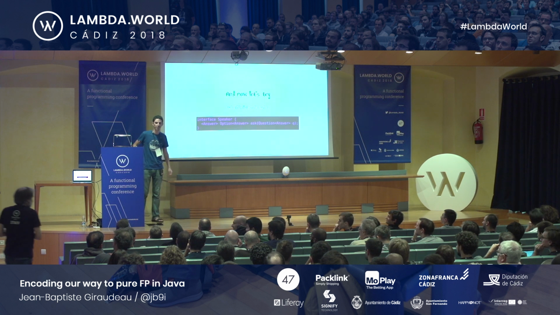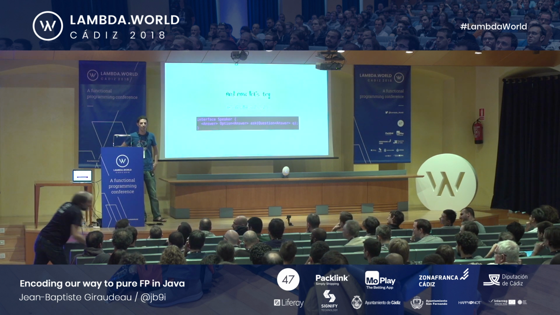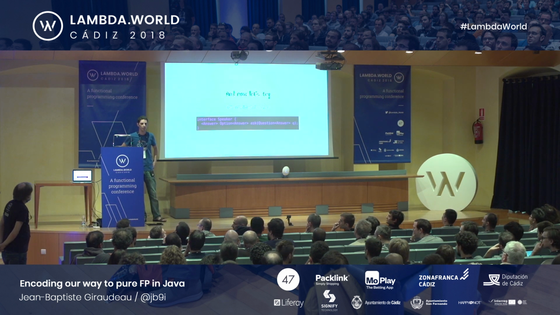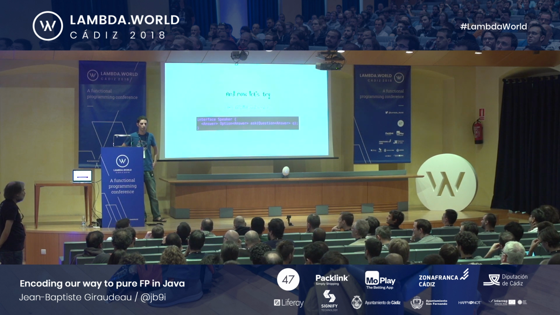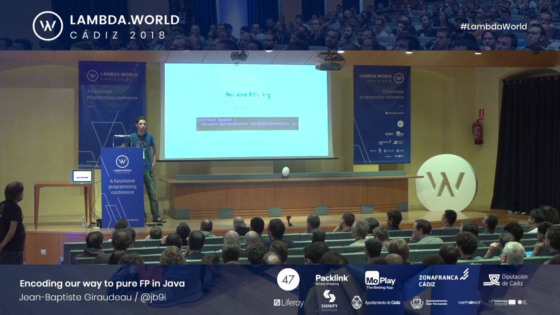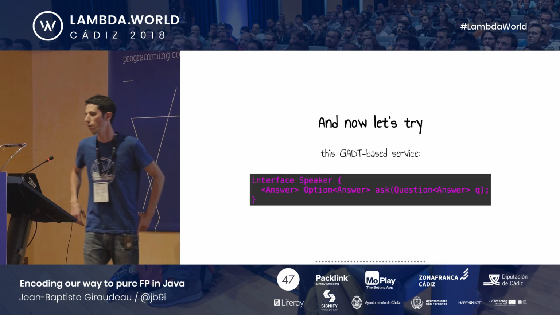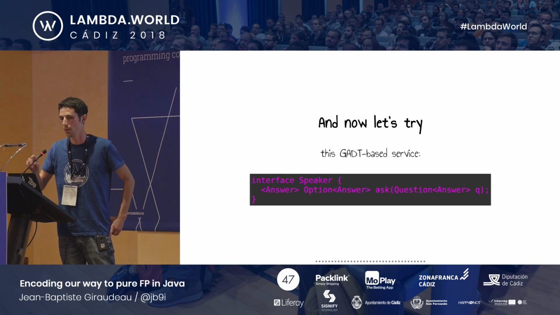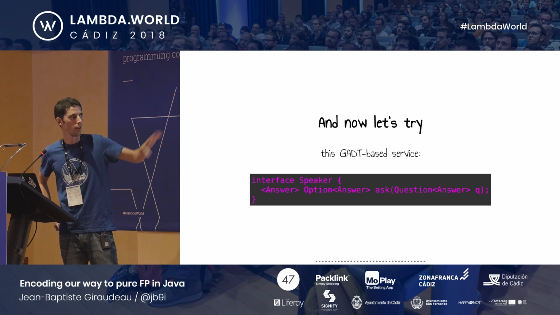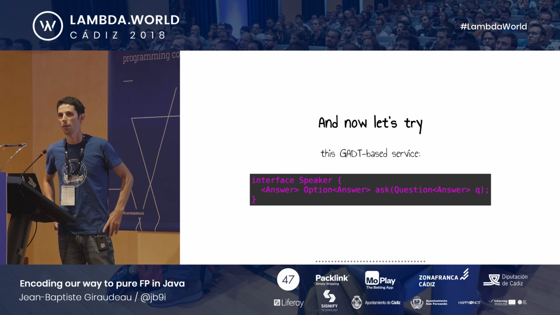Yes? When debugging code using all that magic stuff, how ugly are the error messages? So the question is how much more complicated all this encoding makes debugging. Debugging pure code is relatively easy.